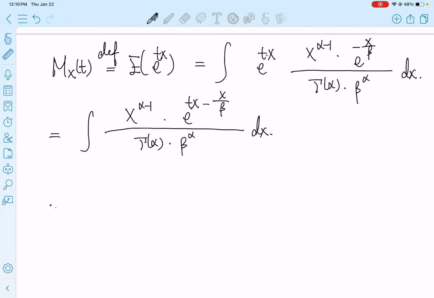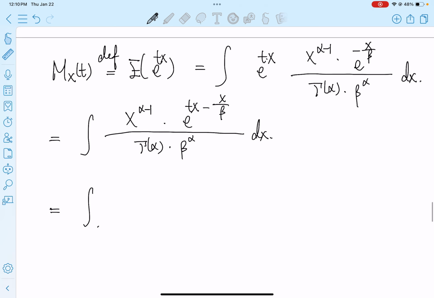Okay, let's simplify one more step. So also x from 0 to infinity, and then x to the power of alpha minus 1, and then e. The goal here is to separate the x from the constant part.